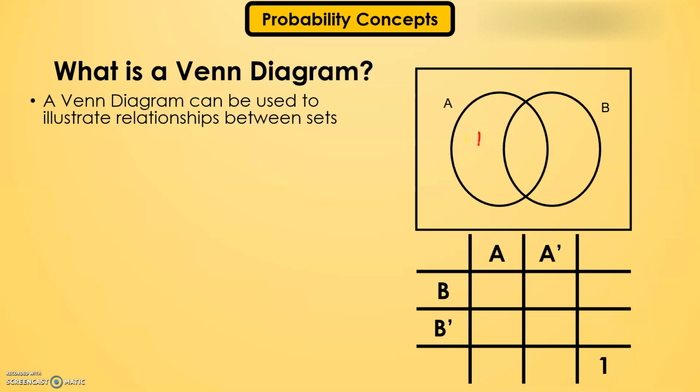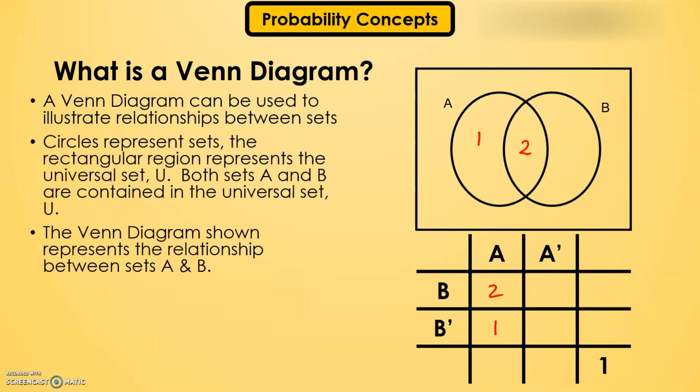We've got area 1, which is A and not B. So if we think about the table we've got here, which would be familiar with the grid, that would be area 1, there, A and not B. Area 2 is A and B. Area 3 is B not A. That would be 3. And area 4 is not A and not B.